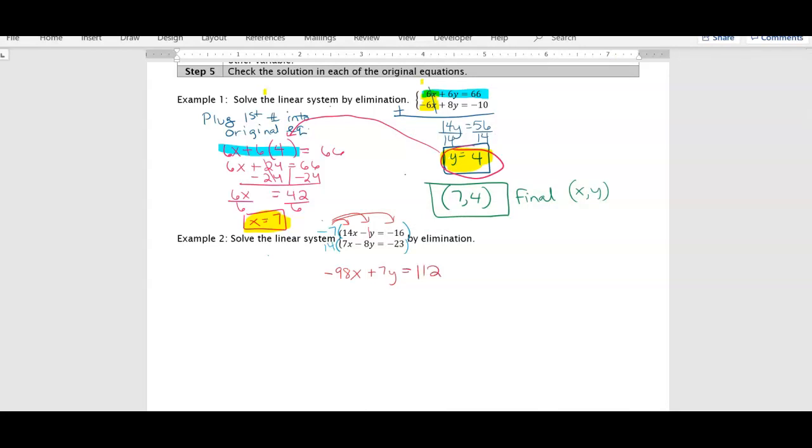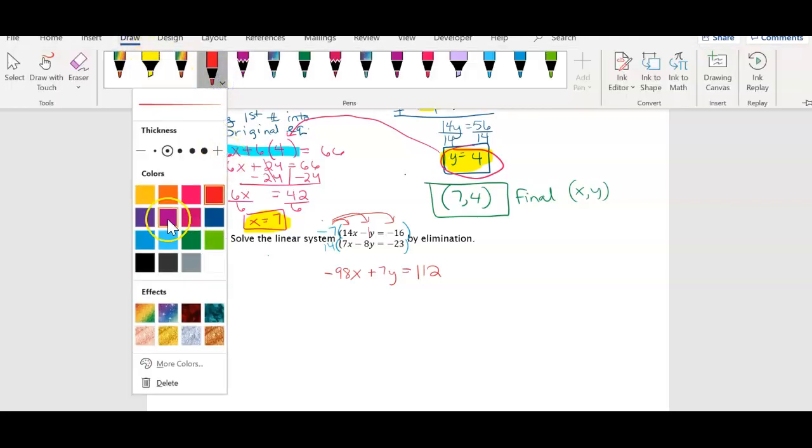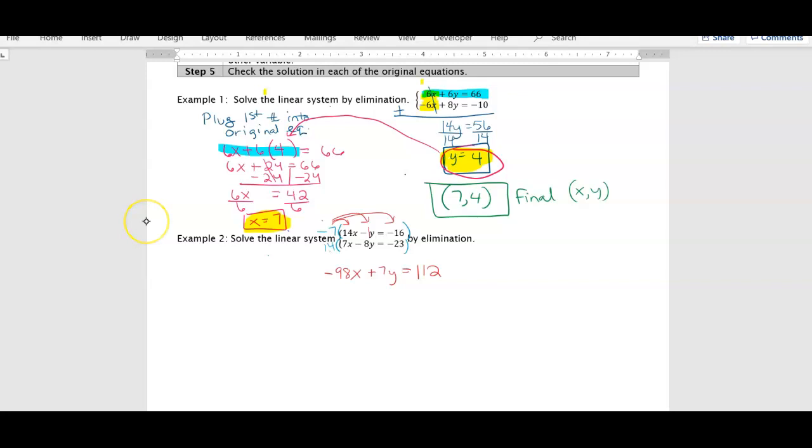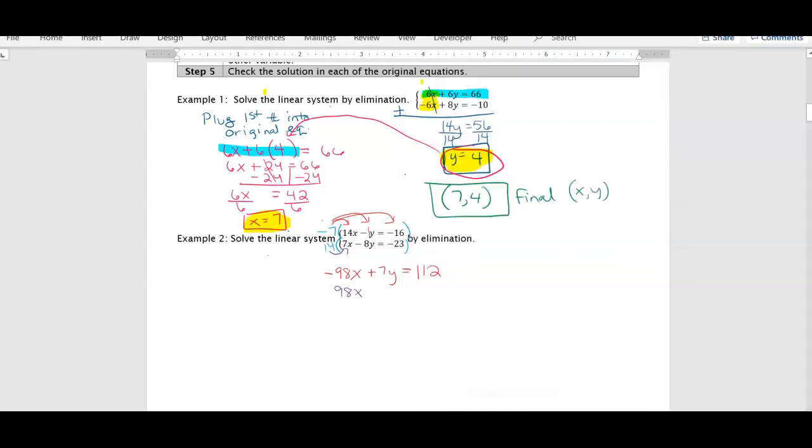So now I'm going to do the exact same thing, but on the bottom equation, I'm multiplying everything times 14. So 14 times 7, we've already figured that out. It equals 98 with an x. And then I'm going to do 14 times -8. I'm going to get the calculator out. And I get -112.